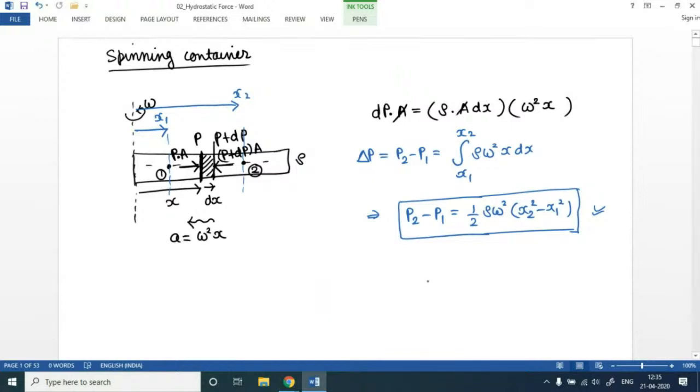In other words, P at any point is equal to half rho omega square x square, where x is the perpendicular distance from the axis of rotation.